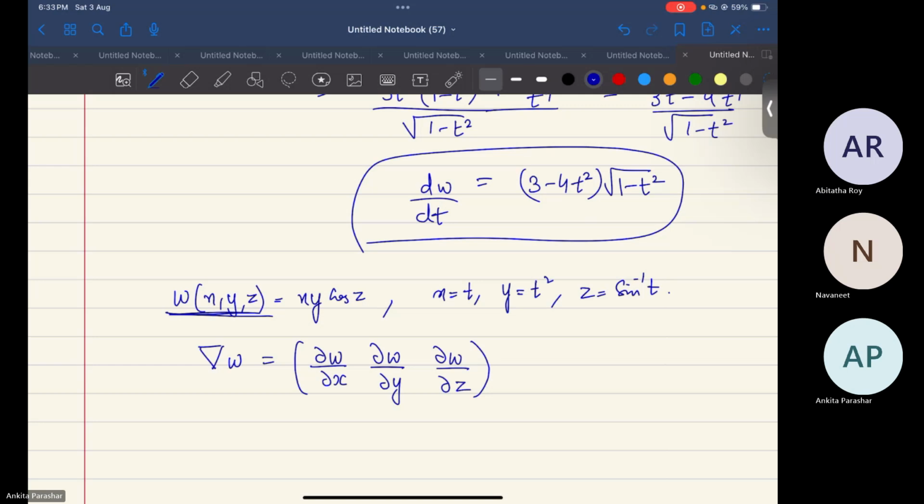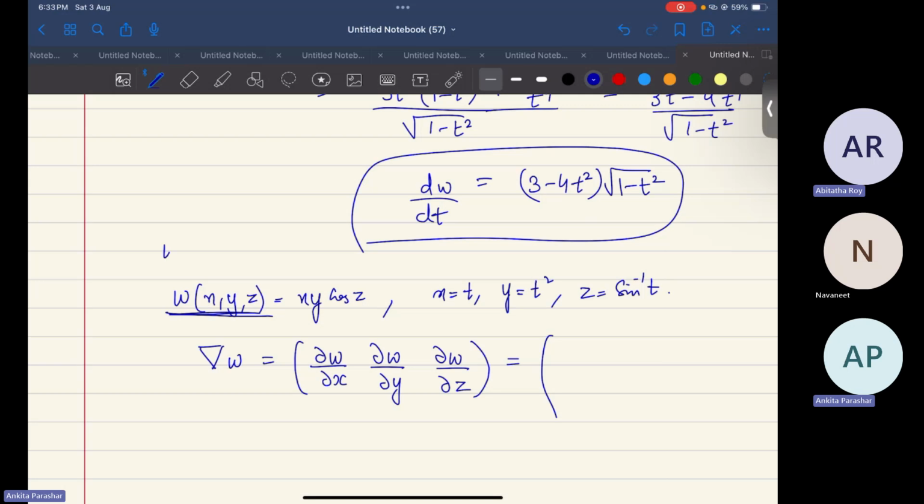Yes. But your function is a function of x, y, z. So finally you have to write the gradient equal to, what do I want to write here? I'm also confused in some sense.